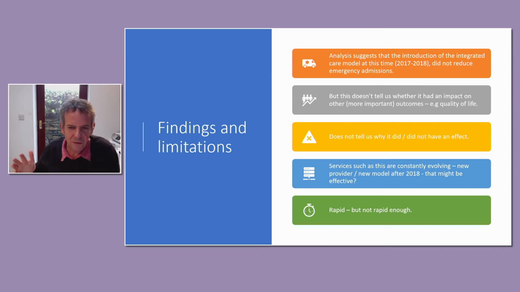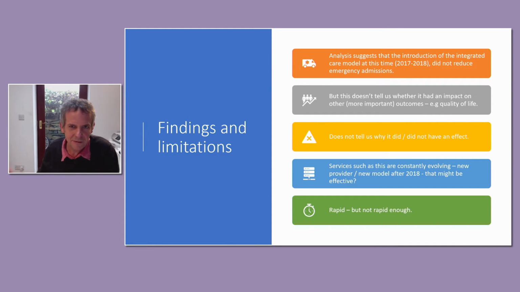These services are constantly evolving, and that particular intervention did change provider and some of the service model in 2018. So those changes may have had an impact that we can look at in further analysis. So it does give an indication of whether, in this particular outcome, it had an impact.